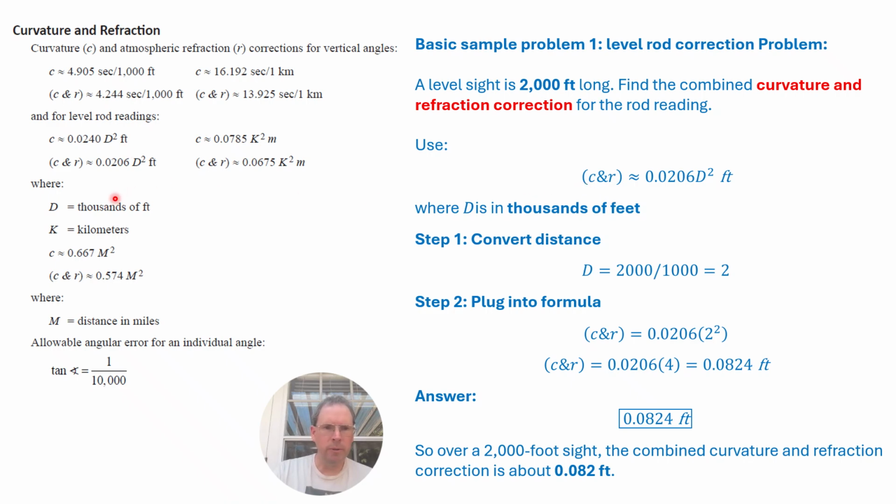And the D is in thousands of feet, so you first have to convert that 2,000 feet into thousands of feet. You divide by 1,000 to get 2, and plug that right into the formula. Your C and R is just 0.0824 feet. Basically, over a 2,000 foot sight, the combined curvature and refraction correction is 0.082 feet.